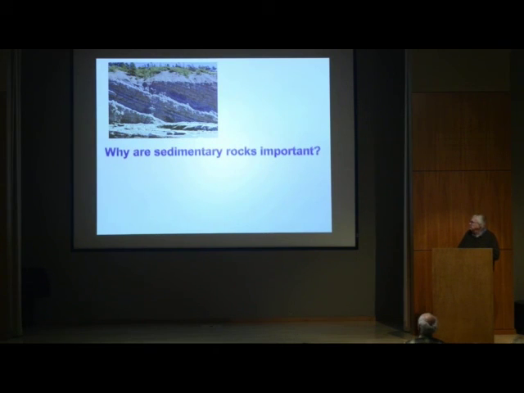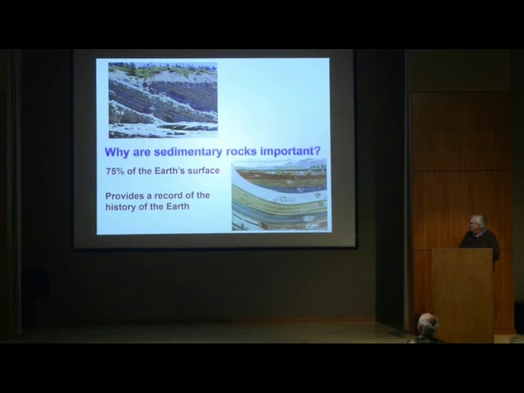Well, for two reasons. 75% of the Earth's surface is covered with sedimentary rocks, so three-quarters of the Earth's surface. And secondly, they provide a record that we can use to analyze the history of these rocks. So we can examine the fossil remains of the organisms that make up some of these sedimentary deposits.